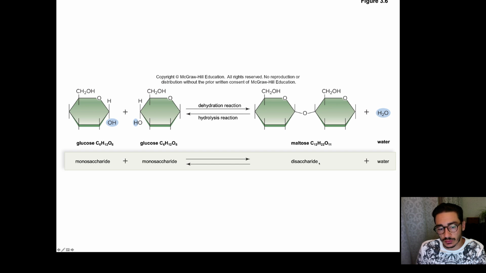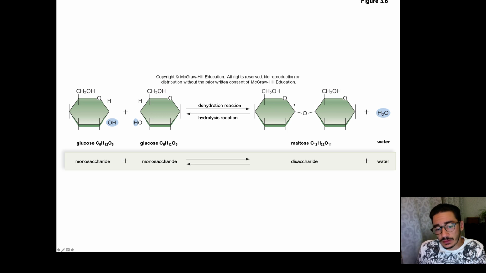You have two sugars: 1 plus 1, you have one complex structure. They are not separate anymore, it's one structure. You have to understand this is one molecule right now. This is 2 molecules, this is 1 molecule, and it's called a disaccharide.